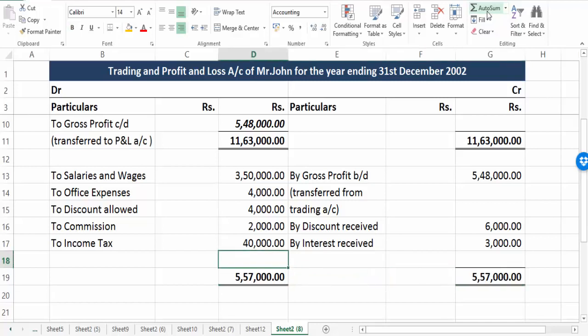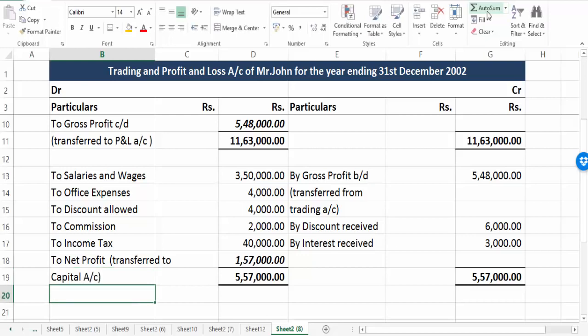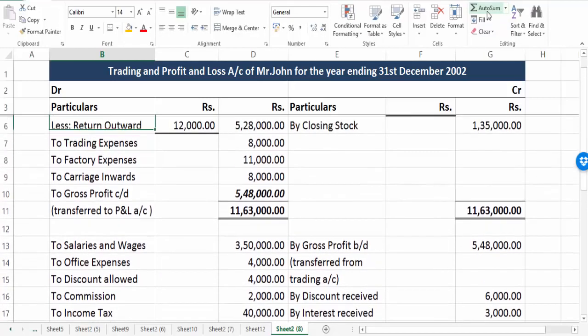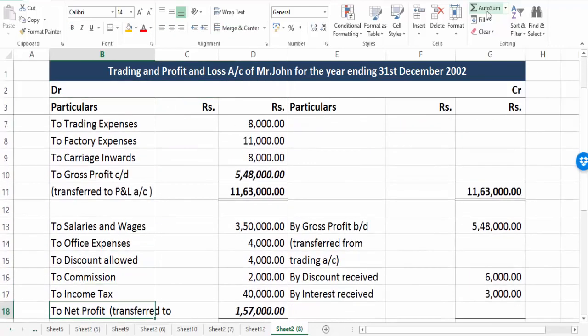On debit side there is a difference, 5,57,000 minus sum of these items, 1,57,000. This 1,57,000 is nothing but net profit. So this net profit will be transferred to capital account. In this way we have prepared the trading and profit and loss account of Mr. John for the year ending 31st December 2002.